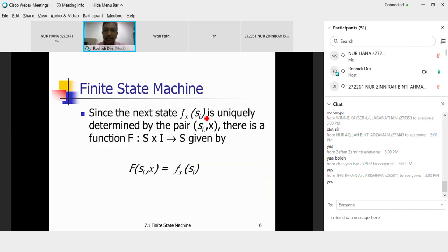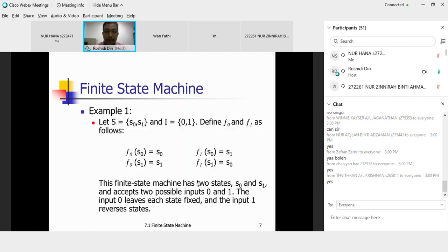Now, as I said previously, fx is I. So the formula is based on the function S times I. We can represent F0(S0) = S0, F0(S1) = S1, F1(S0) = F1, S1, F1, F0. So we can represent it by this equation.